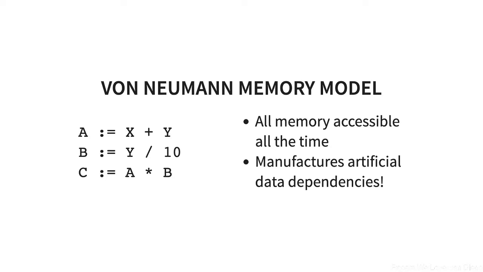So the von Neumann style memory model starts off with the assumption that all memory is accessible at all times and mutable. This creates data dependencies where none previously existed. The variable A is assigned in the first line of our sample code. Now when compiling, we have to determine whether what has been happening to A is relevant to us.